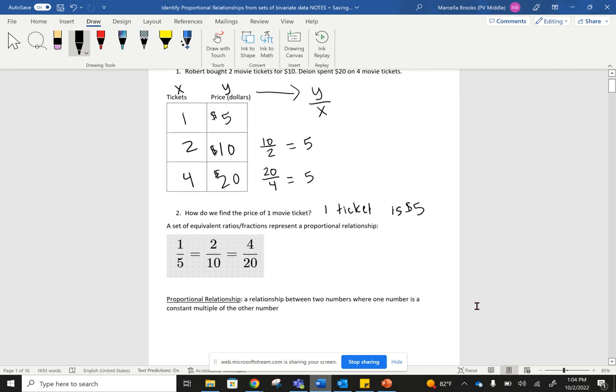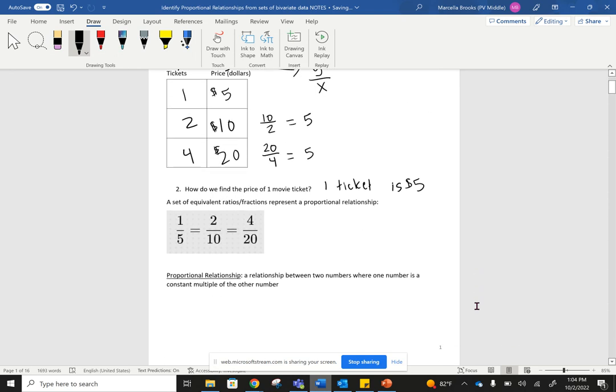Basically, what we're doing is figuring out if these are equivalent ratios or fractions, because that's what shows a proportional relationship. We know that 1/5 is equal to 2/10 is equal to 4/20, and we could just keep on scaling up forever. So it would also be equal to 8 over 40.